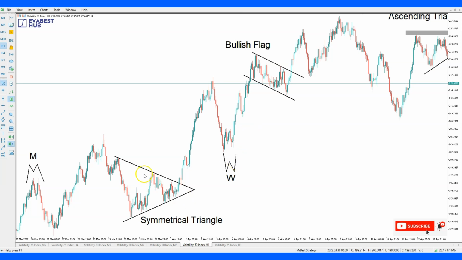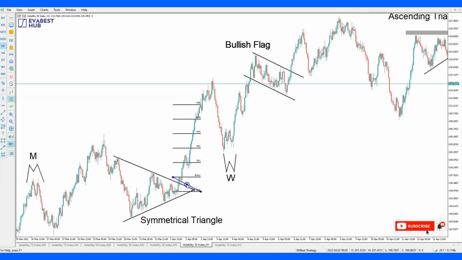So the second one we're looking at is the symmetrical triangle. You can see that they are symmetrical in nature, and we anticipate what? A breakout to the up or to the downside. But in this case, we saw a breakout to the upside. You can see this bullish candle that closes above this trend line. Clean breakout. So if you want to trade immediately after the breakout, then you take your risk to reward ratio tool.